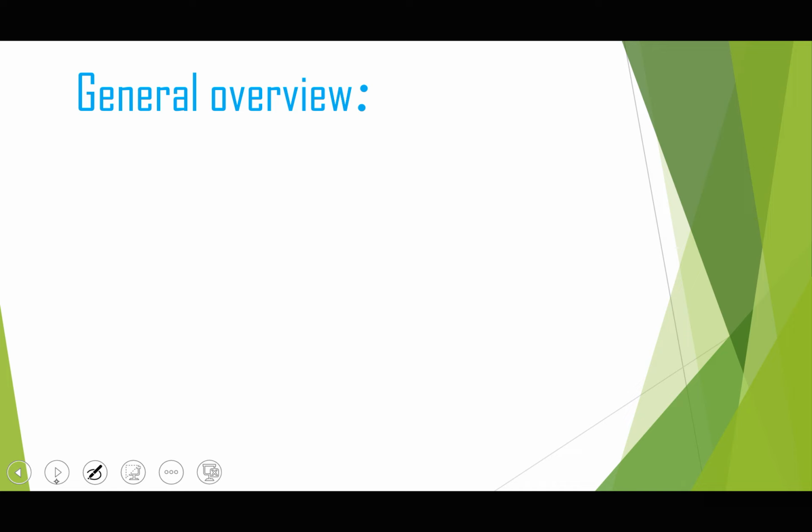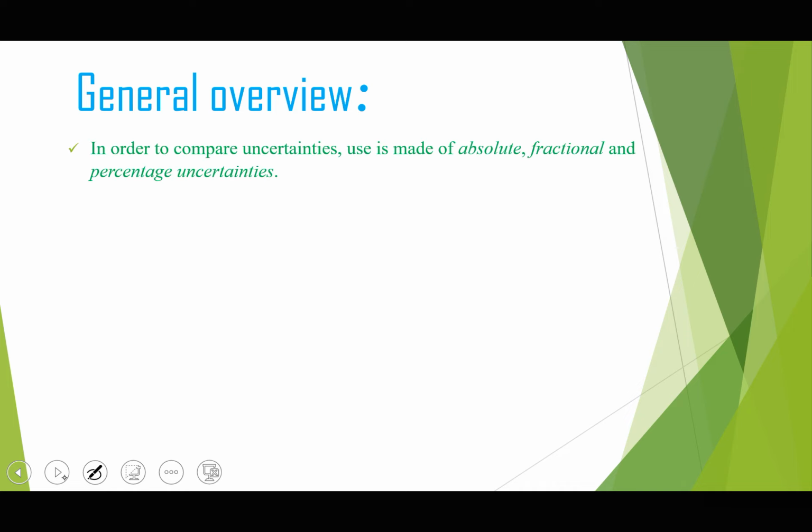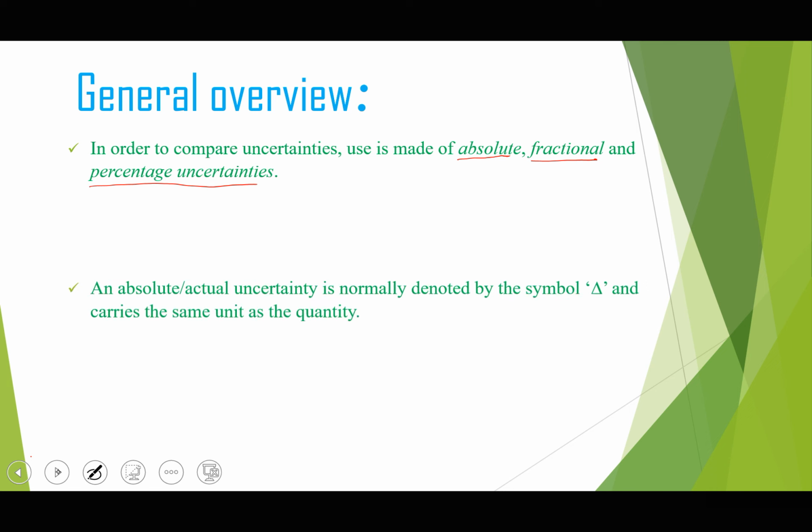Okay, so let's begin with a general overview. Number one, in order to compare uncertainties, we shall be using either absolute, fractional, or percentage uncertainties, depending on the conditions we shall always be provided with.